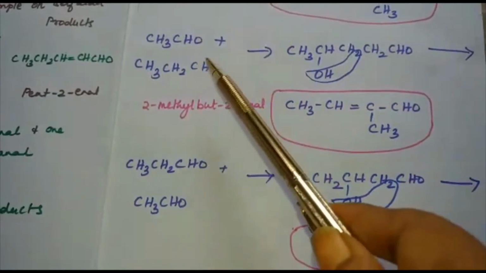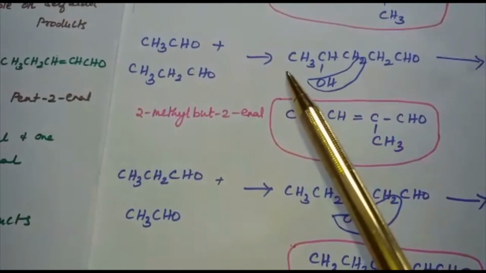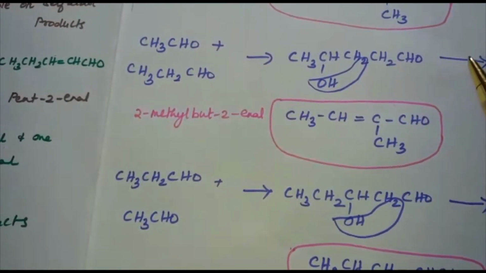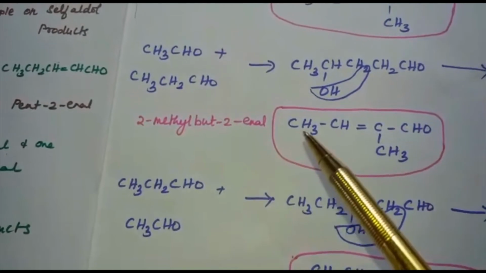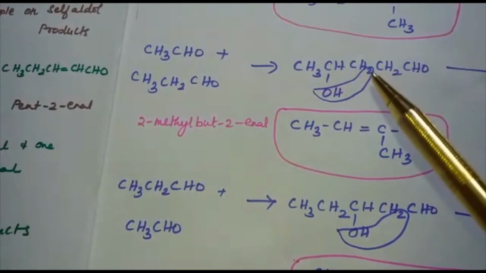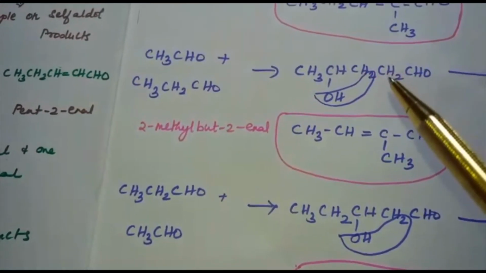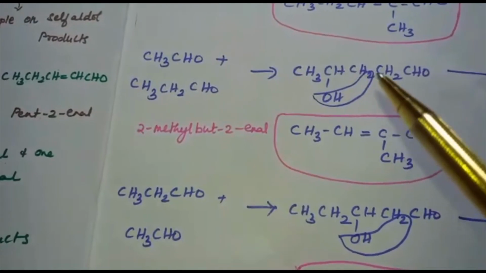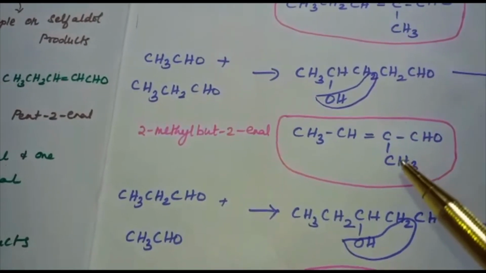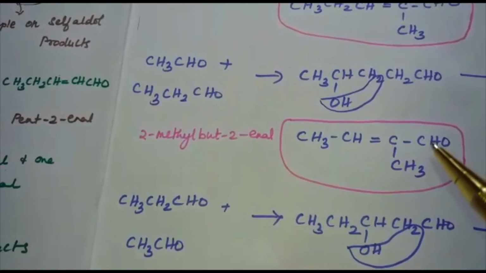Here CH3 CHO plus CH3 CH2 CHO gives CH3, CHOH, CH, CH3, CHO, which loses a water molecule to give CH3, CH, double bond C, CH3, CHO. This CH2 and H join together to form the methyl group. That's why we are writing double bond C, CH3, CHO.